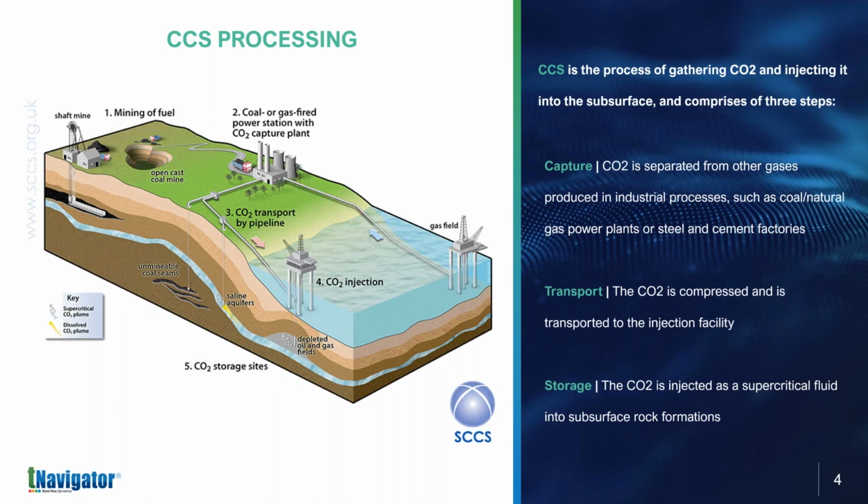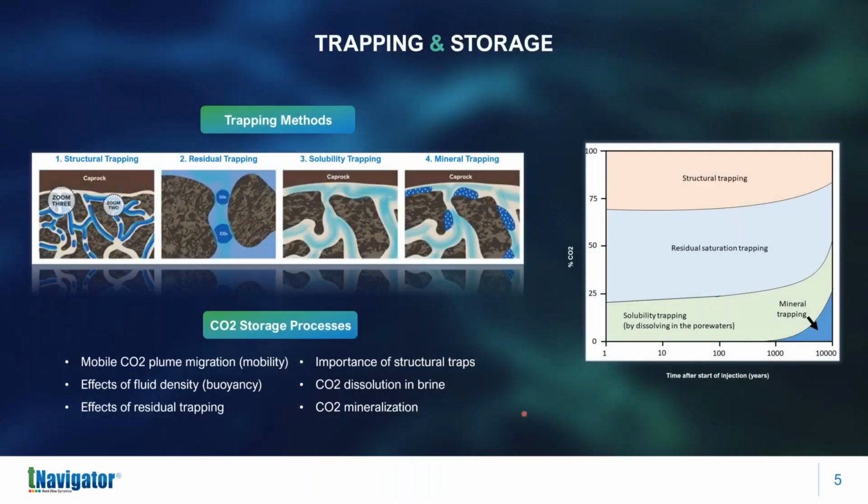I would like also to mention briefly four key trapping mechanisms. The first one is structural trapping, when the free movement of the buoyant CO2 is stopped and CO2 is trapped by the cap rock. The second one is residual trapping, when the CO2 is trapped in the pores due to capillary pressure.